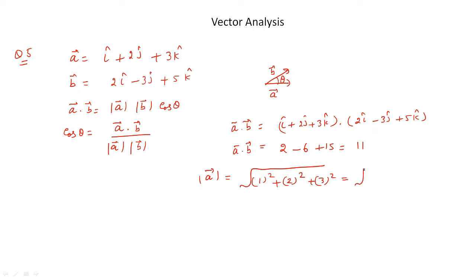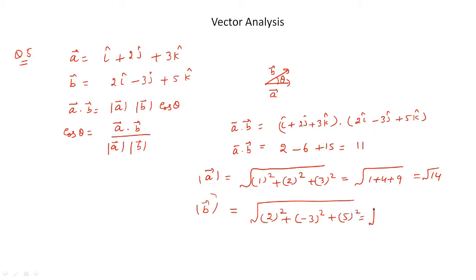So it will be 1 plus 4 plus 9, which means root 14. Now we will find the modulus of the vector B. So it will be equal to root 2 square plus minus 3 square plus 5 square. So when we solve it, we find 4 plus 9 plus 25. So it comes out to be root 38.